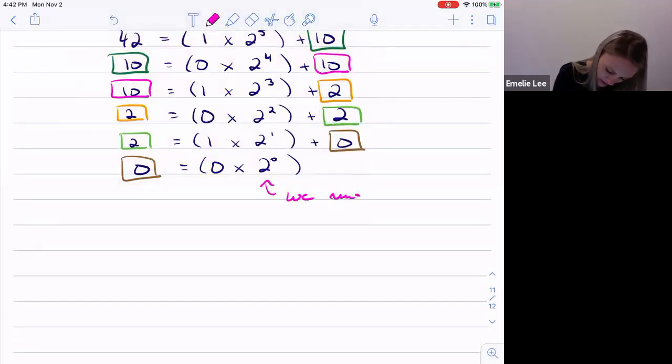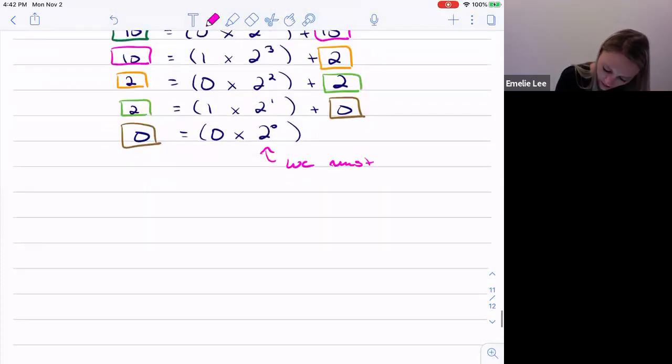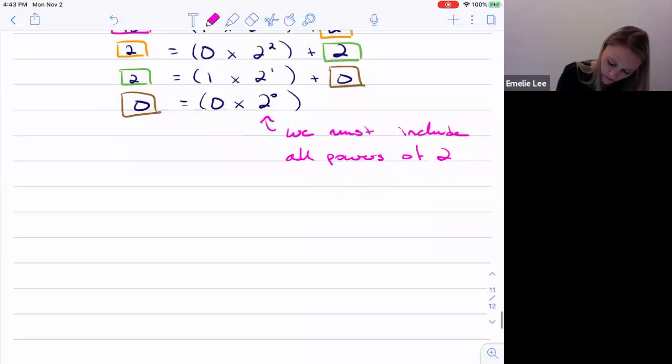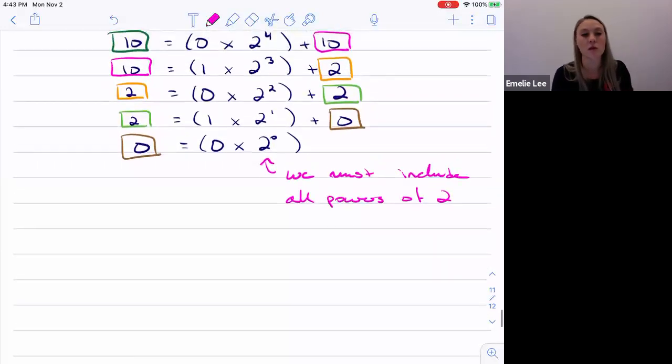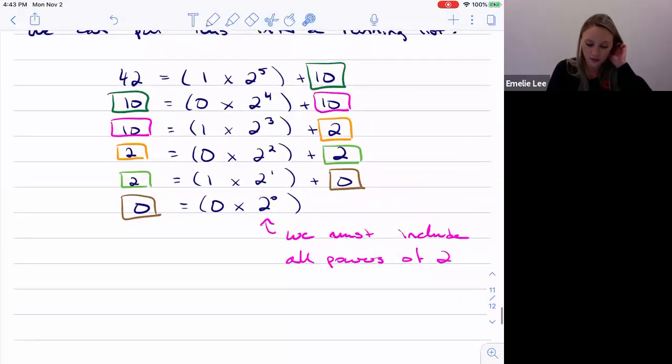We must include all powers of 2. So if you start at 2 to the power of 5, 4, 3, 2, 1, 0, a common mistake is to forget to include one of these just because you can't pull a 2 to the power of 2 out.